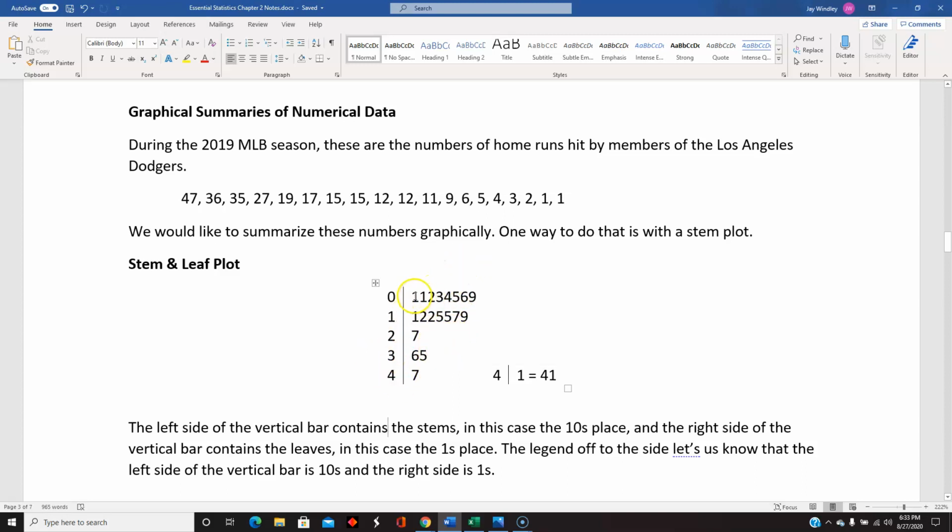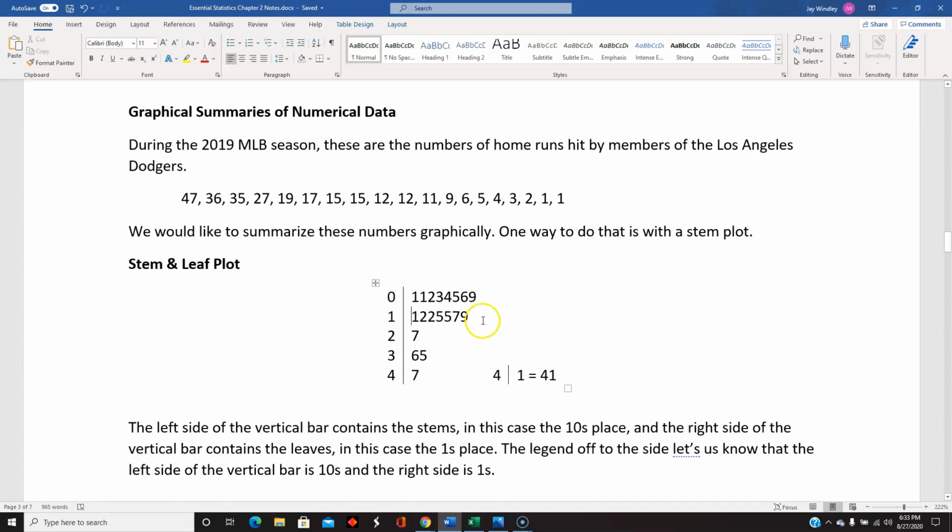So notice this is not 11 home runs or 112 home runs. This is one player that had one home run, and this is another player that had one home run, and another player that had two home runs, and another player that had three home runs, and so on.